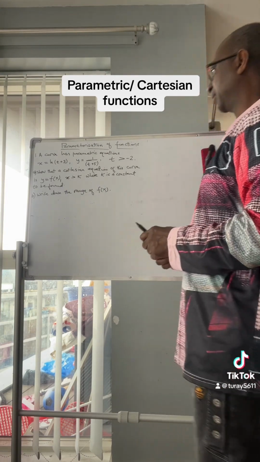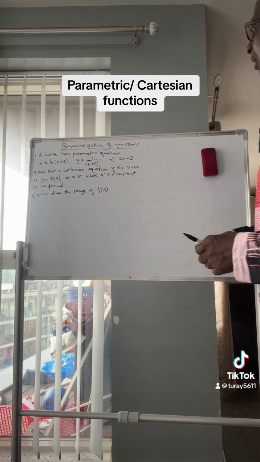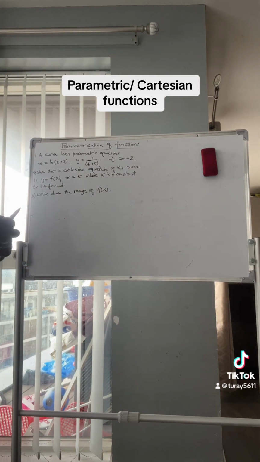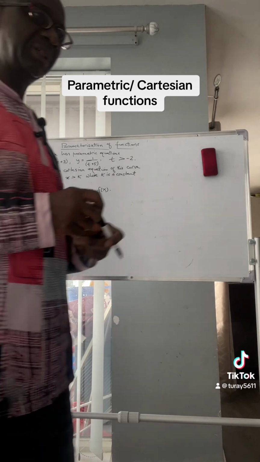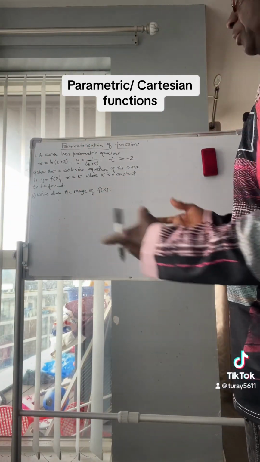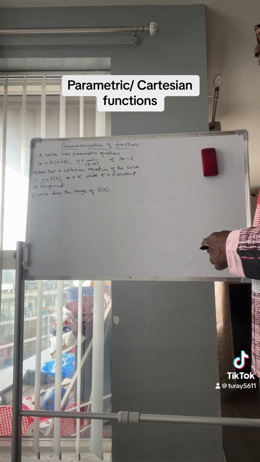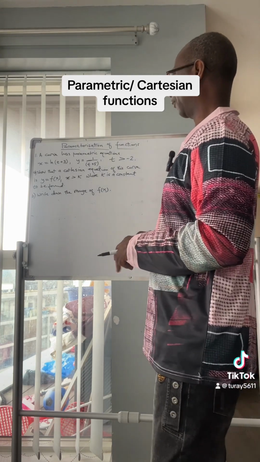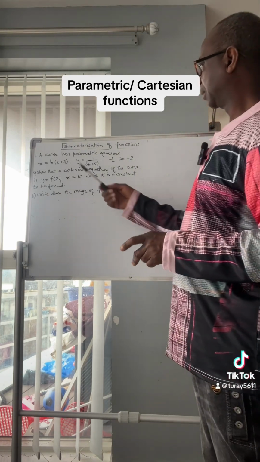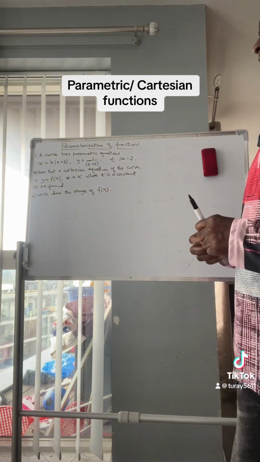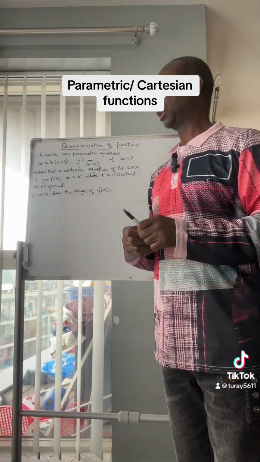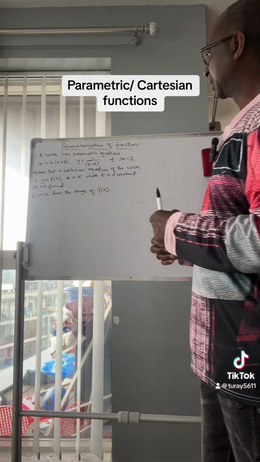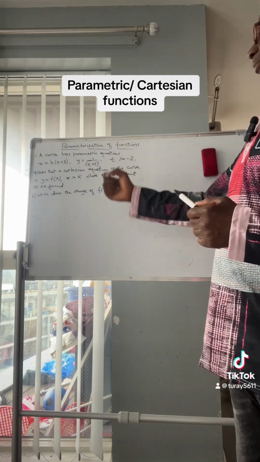So let's delve into solving the problem. This is a parametric equation, and they're asking you to transform it into Cartesian form. What you normally do is try to get rid of a variable, make it the subject of the formula, and eliminate it, so you're left with two variables, x and y.